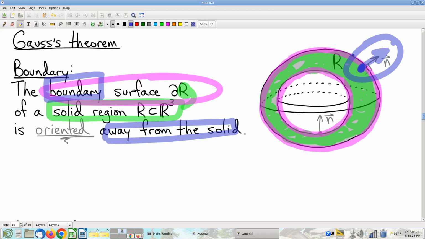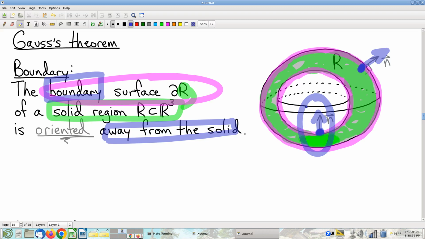We don't want to conflate these two concepts. They're not quite the same. For comparison purposes, let's say this point down here. Keep in mind, the solid is in green. This is where the solid is, down here in green. So away from the solid is like that. That's away from the solid. But you wouldn't want to call that outward.